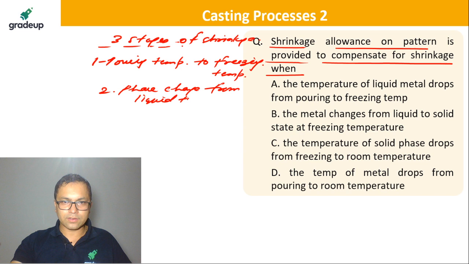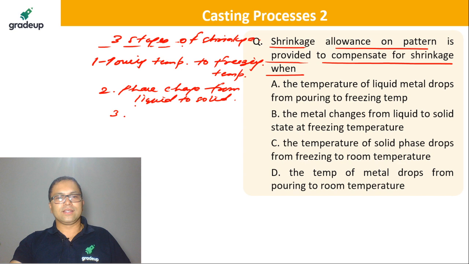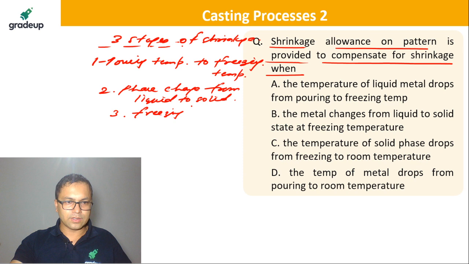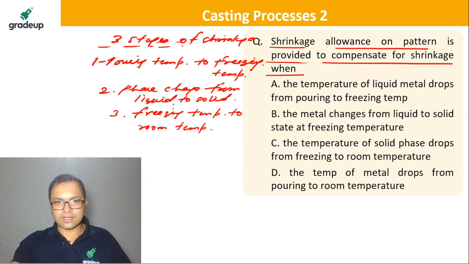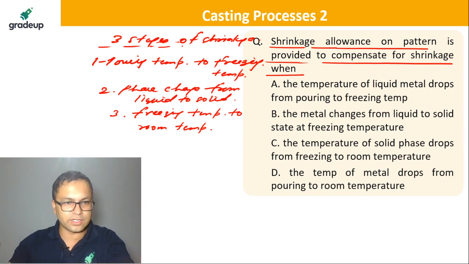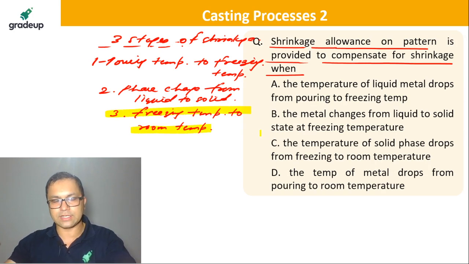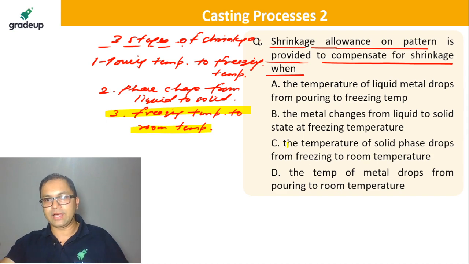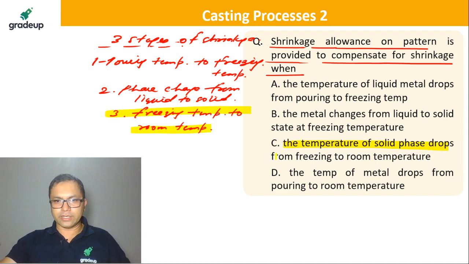The third one is nothing but freezing temperature to room temperature. And we said that the shrinkage allowance is pertaining to the third one, so freezing temperature to room temperature. That shrinkage is taken care of by shrinkage allowance.